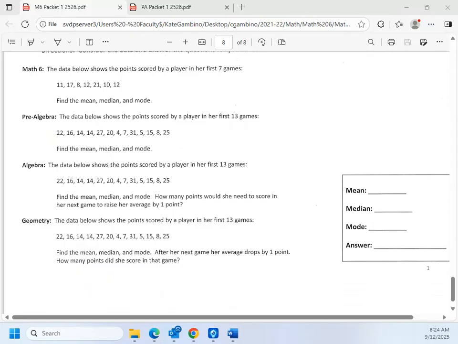There are 7 numbers, so whatever your total is, you divide by 7. You put your answer over here. Your median is what number ends up in the middle. Median means middle. And mode is what number do you see the most of. Mode is most. We do not have a question being asked of us, so we do not need to put anything on the answer line, because there was no question.